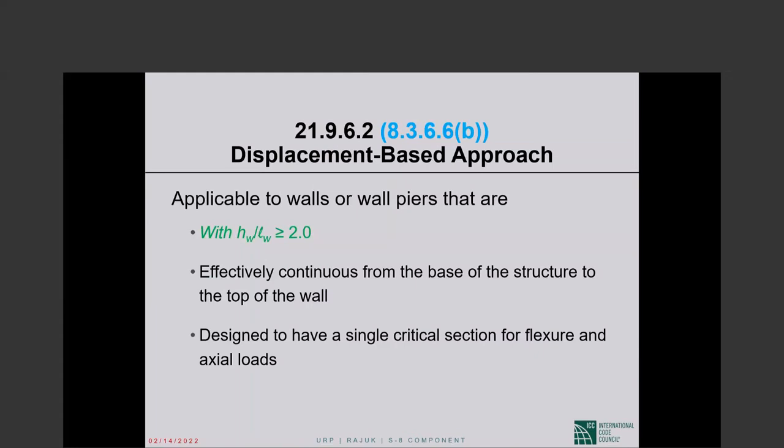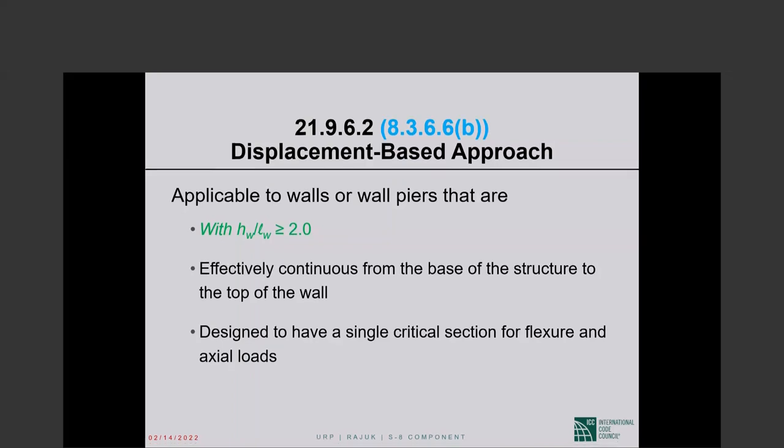The method is applicable to cantilever shear walls hinging at the base, effectively continuous from the base of the structure to the top of the wall, designed to have a single critical section for flexion and axial loads. 318.14 has added that the displacement-based approach is applicable only to the high-rise wall, height to length ratio larger than or equal to 2, the flexure-governed walls.